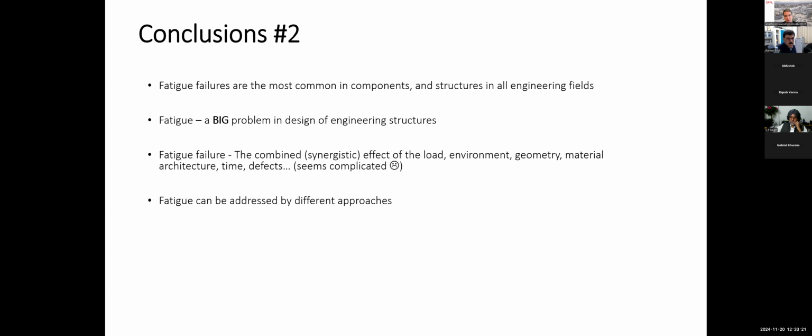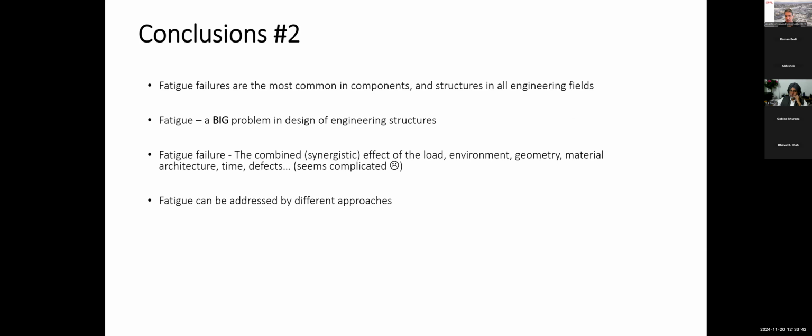So the conclusion for this part, which is the experimental part, is that we know more or less the failure modes. We have identified the failure modes. We know how materials fail, and we try to correlate this failure to the observations.